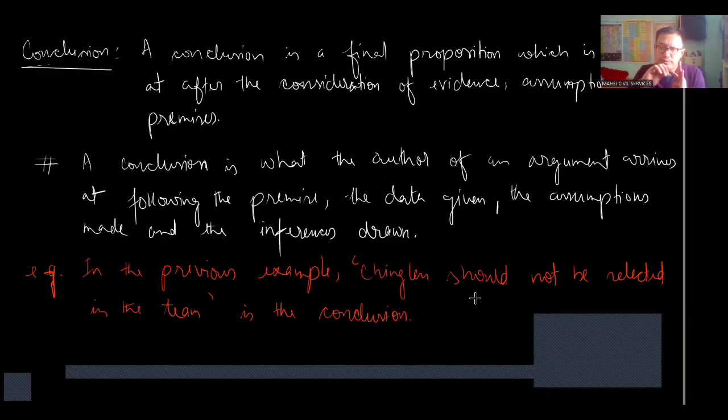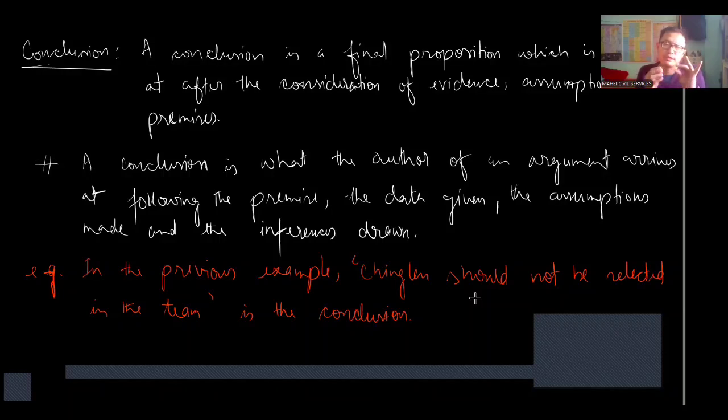The assumption: Chinglen is unfit. Then the inference: Chinglen is going to hamper the progress of the entire team.